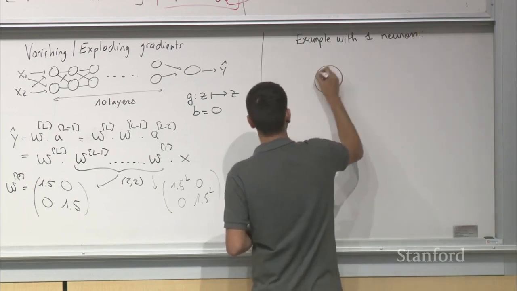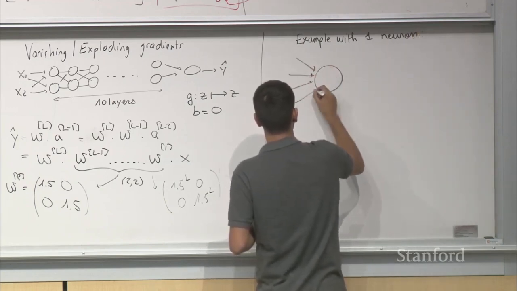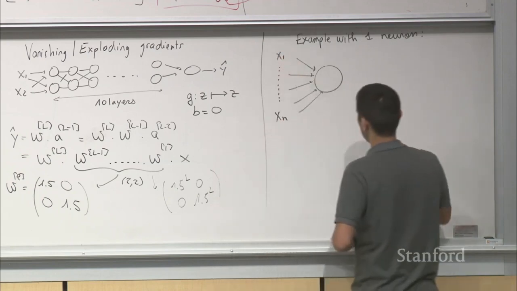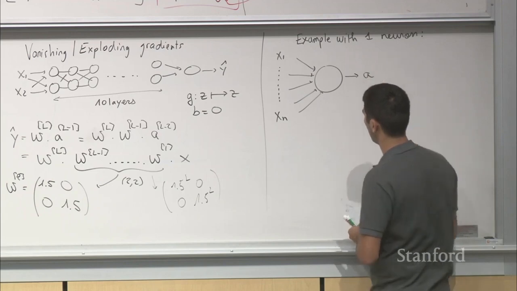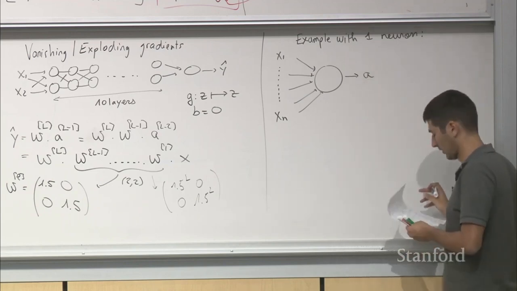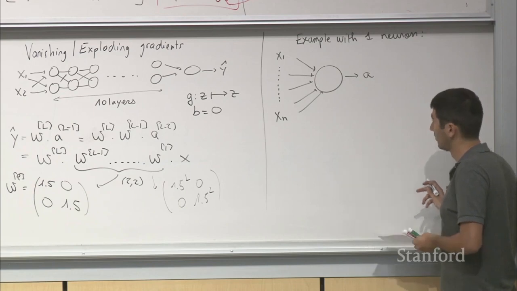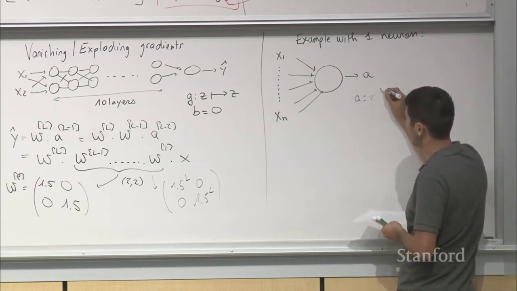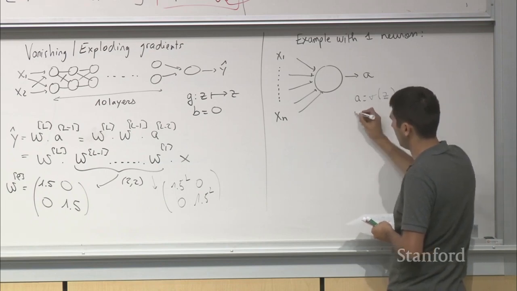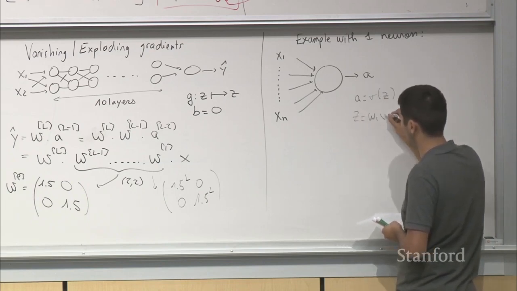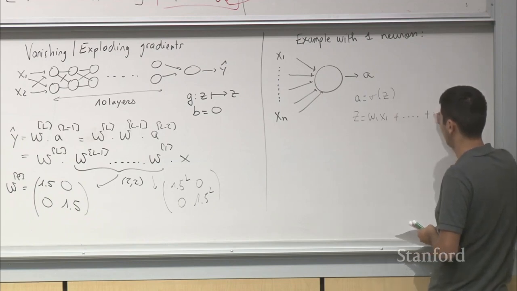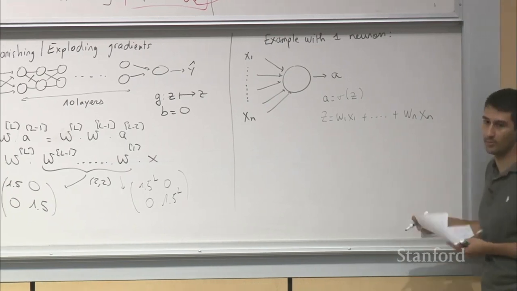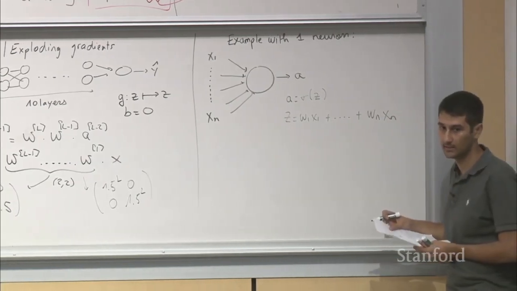If you consider this neuron here, which has a bunch of inputs and outputs an activation A, you know that the equation inside the neuron is A equals whatever function, let's say sigmoid of Z, and you know that Z is equal to W1 x1 plus W2 x2 plus blah, blah, blah, plus Wn xn. So it's a dot product between the W's and the X's.